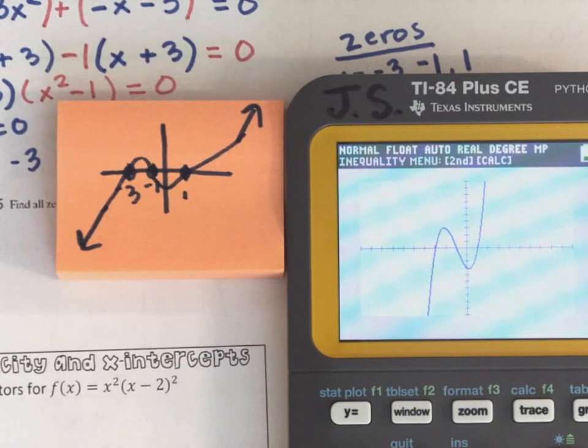So we said it was odd, so we know the ends are going in opposite directions, right? And then it's positive, so it's generally uphill, falls left, rises right, that part makes sense. And then those zeros we just found are where it crosses the x-axis. So -3, -1, +1. Does that make sense?